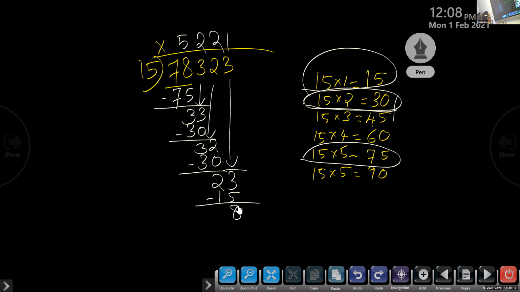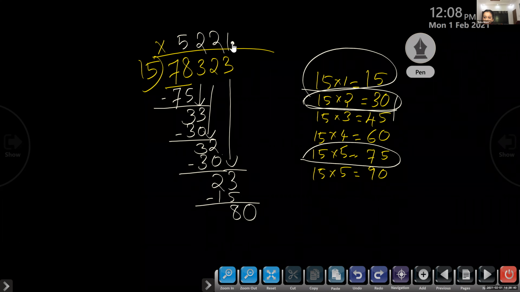Here, look, the remainder is 8 and the divisor is 15. Are there any more numbers to bring down? No, ma'am. So what do you have to do? Add 0, and then place the decimal point in the quotient.